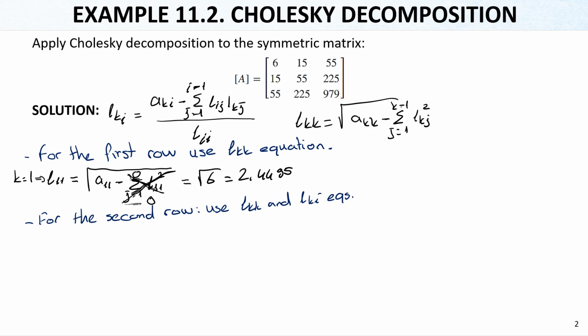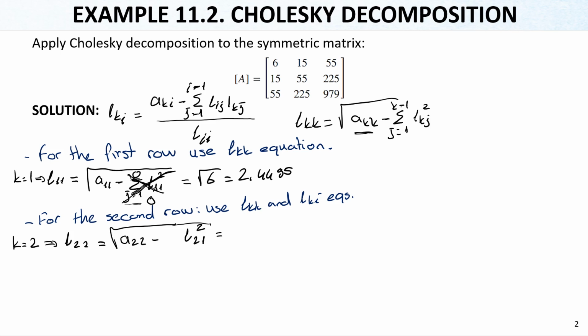So let's start with Lkk, but because we already completed k equals 1, we will continue with k equals 2. Then L22 is equivalent to this equation here, A22 minus summation, k is 1 now, j equals 1. So because this is from 1 to 1, this can be used as L21 square. Actually, summation just gives this term to us, nothing else. So the summation disappears, actually only this one, L21 square.